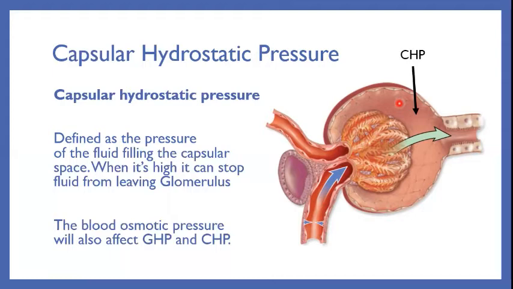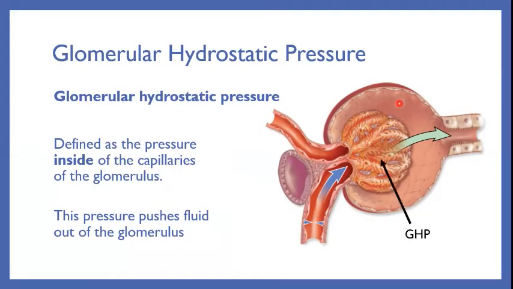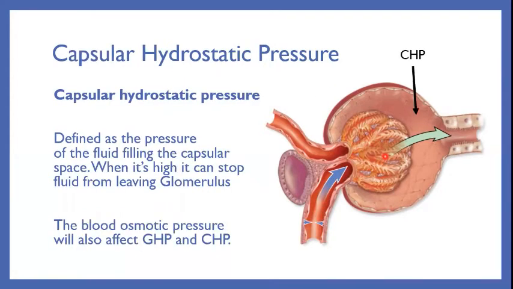Now, let's try using the glomerular hydrostatic pressure inside of the capillaries pushing out and the capsular hydrostatic pressure, or the pressure of the filtrate in the capsular space, trying to stop the fluid from leaving. If we compare these two, the one whose pressure is higher decides where the filtrate will go.